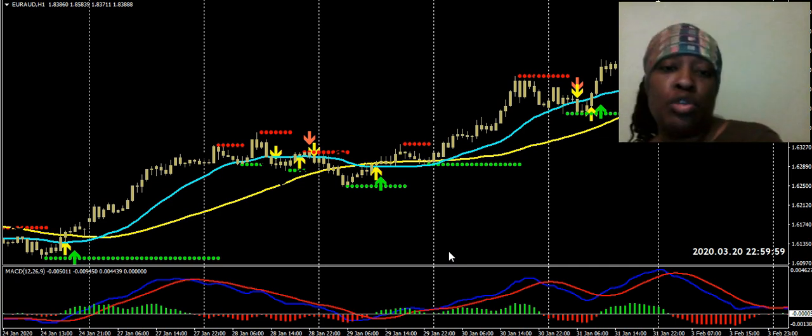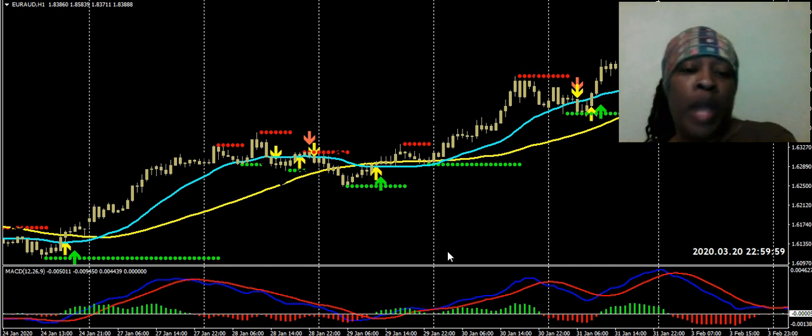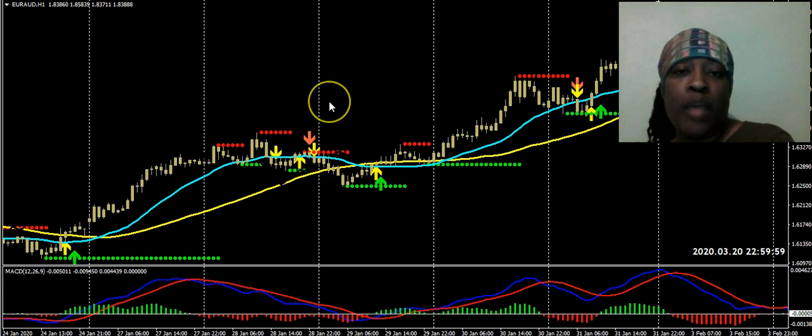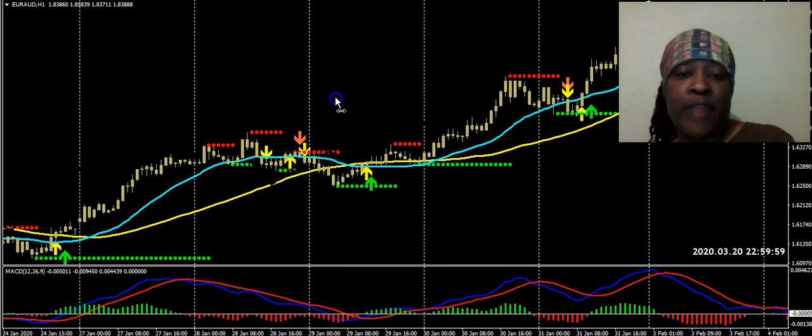Now, let's get into the Asian 9 to 5 strategy. The first thing that we're going to do is put two moving averages on the chart: the 50 moving average and the 20 moving average.